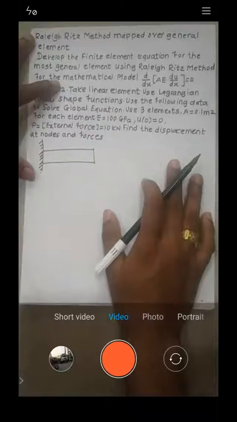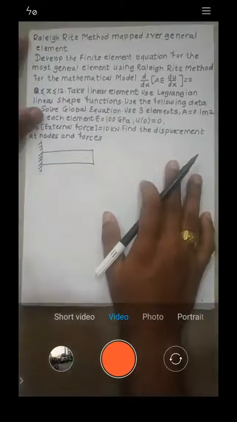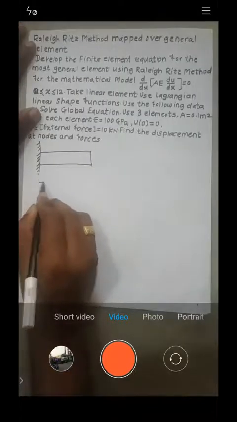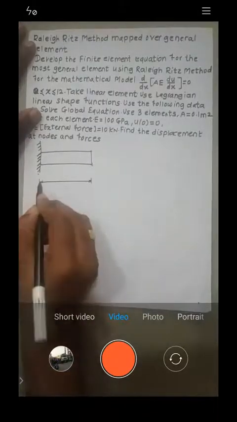See this total length. What is the total length of this problem? It is 0 to 12. This total length is 12.